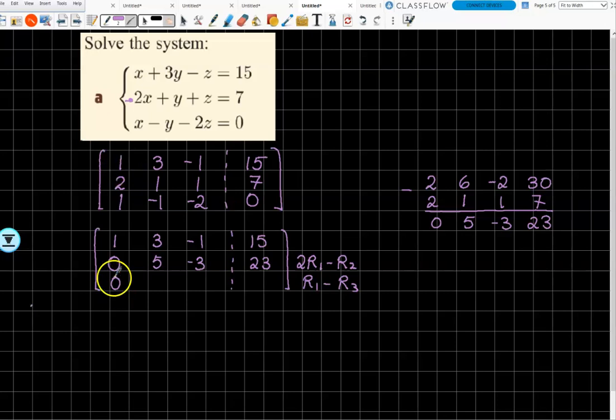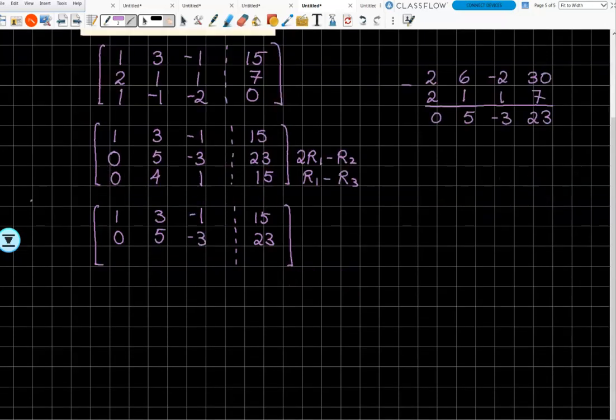So 1 take 1, I'm pretty confident is 0. 3 take 1. 4 minus 1 take 2. 15 take 0. Oh, thank God for you, 0. Okay, now you're basically at the point where you're just doing good old year 10 elimination. So this is a 5, this is a 4. What are you going to have to do to make them disappear?